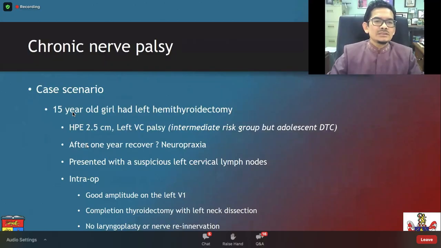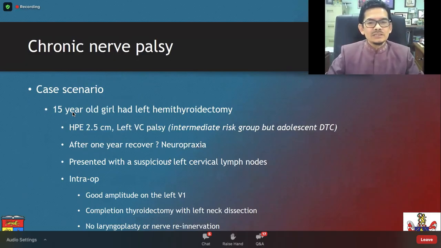So what was done to this girl because of the vocal palsy? We just waited, and after 1 year, the voice came back, so we looked at the vocal cords. So we think that could be neurapraxia. But at this time, she presented with suspicious left cervical lymph nodes, and because of the adolescent differentiated cancer, we decided to proceed with surgery.